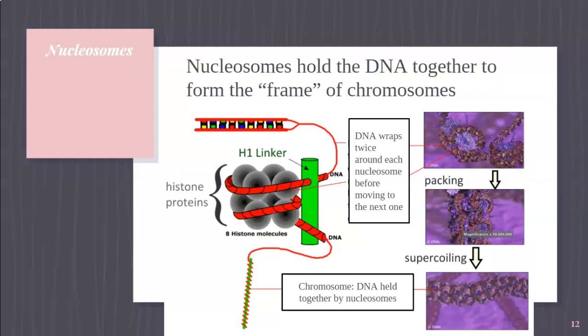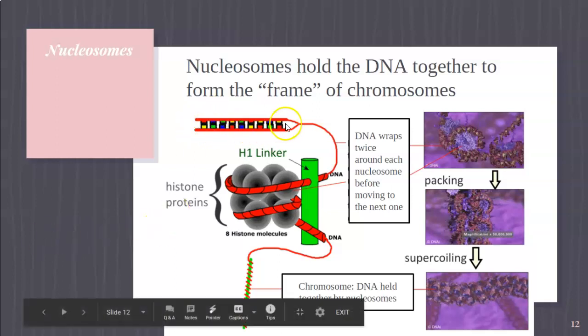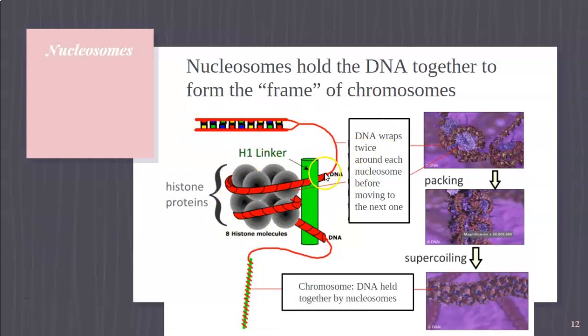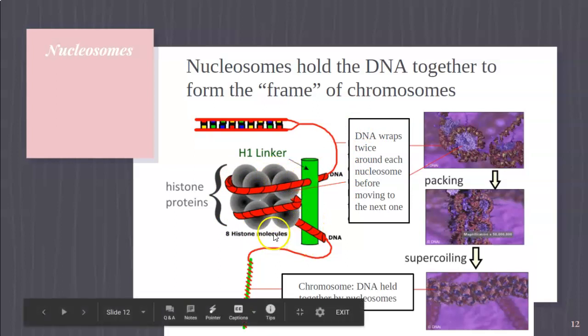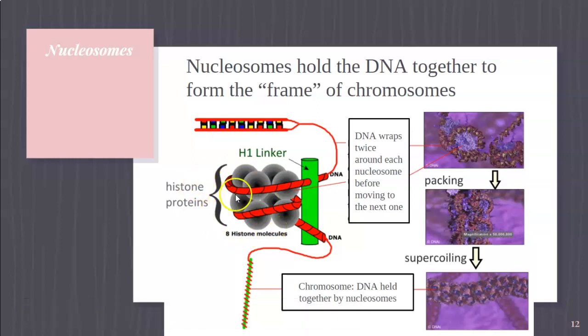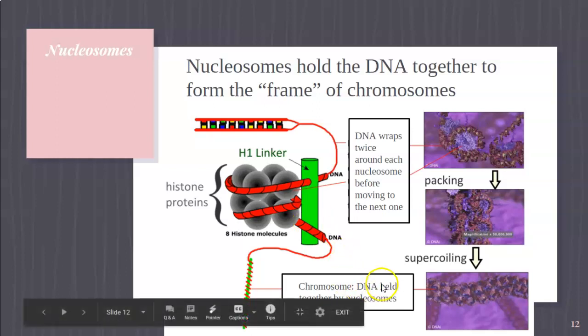So now let's get even more in depth. We're going to start talking about nucleosomes. Nucleosomes hold DNA together and form the frame of chromosomes. So here you have a strand of DNA, and that DNA is going to wrap twice around a nucleosome, and then it's going to move on to the next nucleosome, and it makes a histone protein, and so you just continuously wrap it, and then it makes a chromosome, which is just DNA held together by nucleosomes.